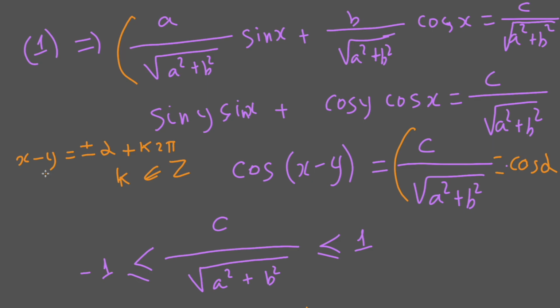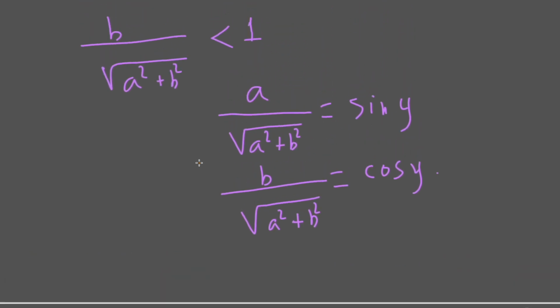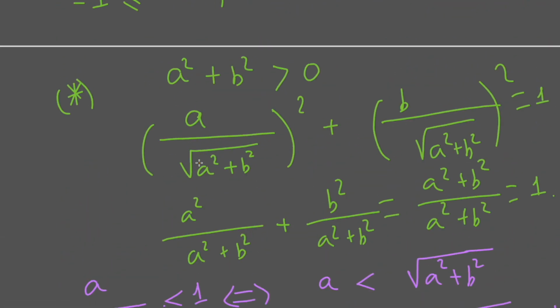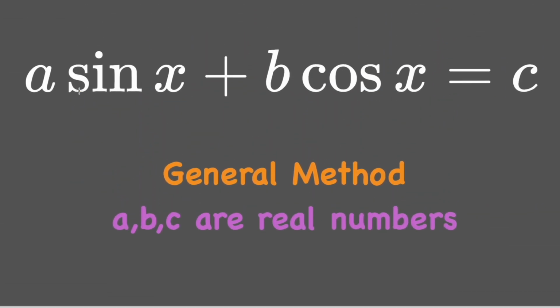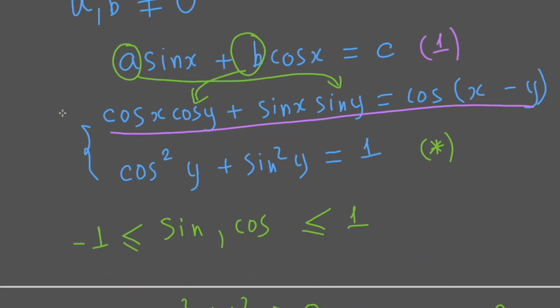So the lesson from this is that when you apply this method, you can solve a lot of problems with a similar form to my problem. And remember to apply the formulas listed on the screen: cosine x cosine y plus sine x sine y equal to cosine of x minus y, and cosine square x plus sine square x equal to 1.